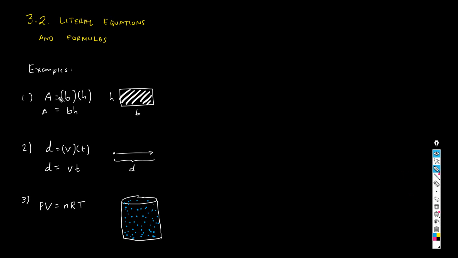What is the relationship between these three quantities? Area of the rectangle, its base, and its height. Well, the relationship is that the area is equal to the base times the height, as we know since junior high, right? So this is a literal equation.